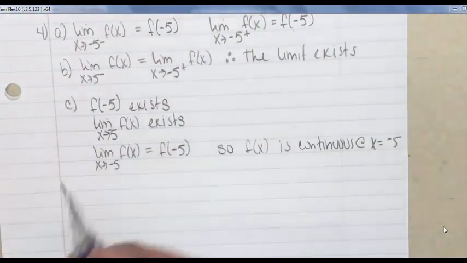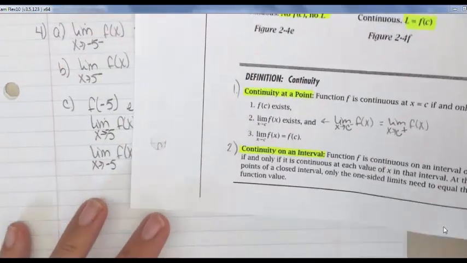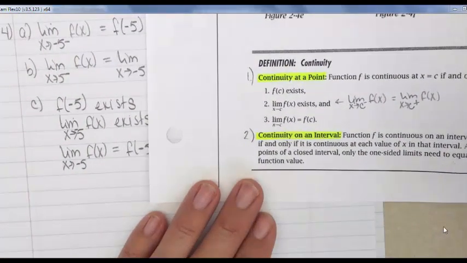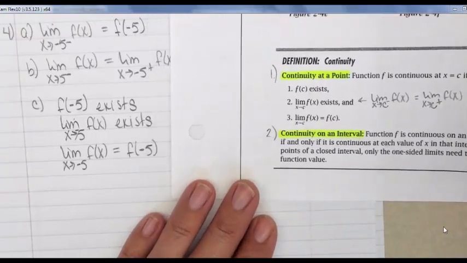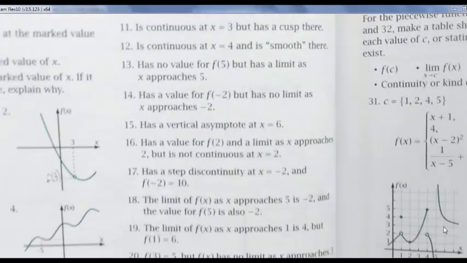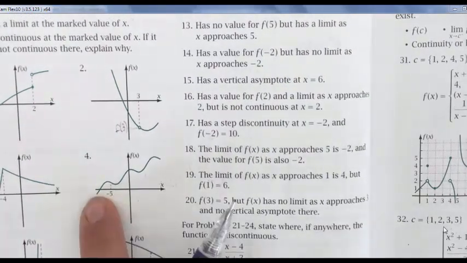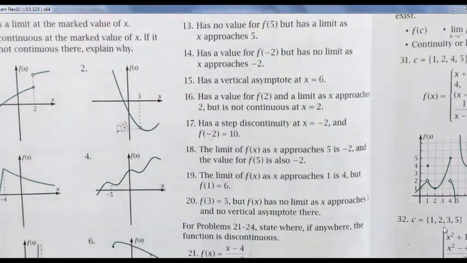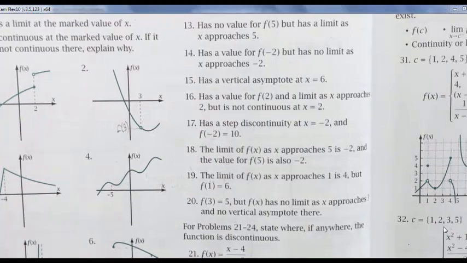Okay, so we hit all 3 of the continuity points for the definition. And just by looking at the graph, you can see it's continuous. There are no removable discontinuities, no steps, no infinite discontinuities.